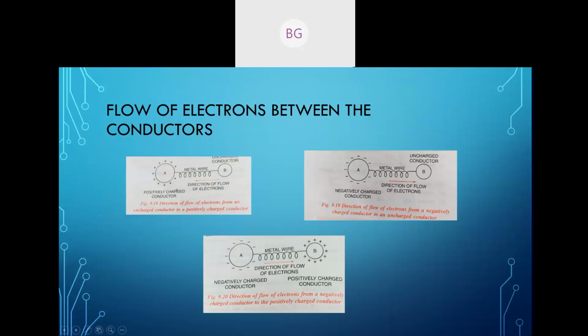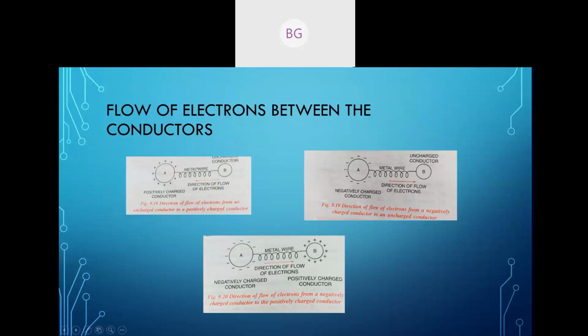So what happens is, we always know that opposite signs attract each other, right? And in the atom we know that only electrons are free to move. That is why electrons, since they are negatively charged, start moving towards the opposite charge, the positively charged conductor, right?